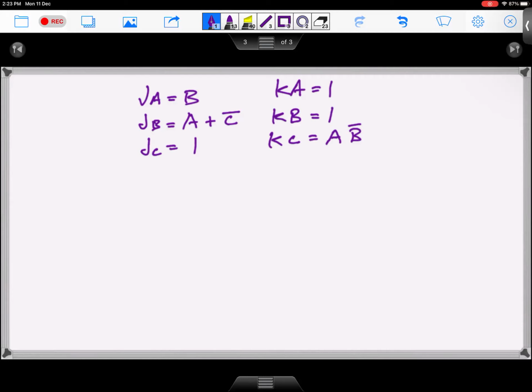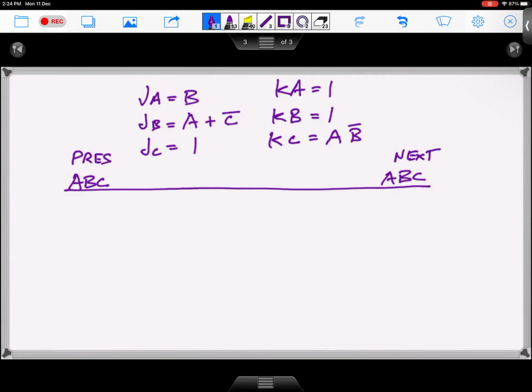So this table that we draw has A, B, and C in the present. It has the next state of A, B, and C. And it has the above inputs, JA, KA, JB, KB, JC, KC.